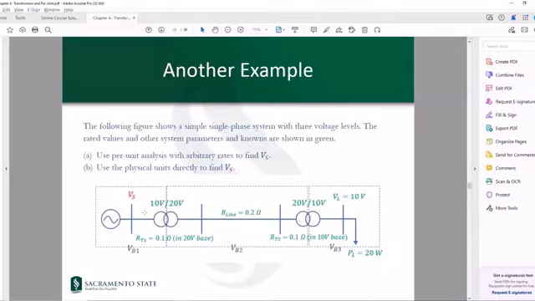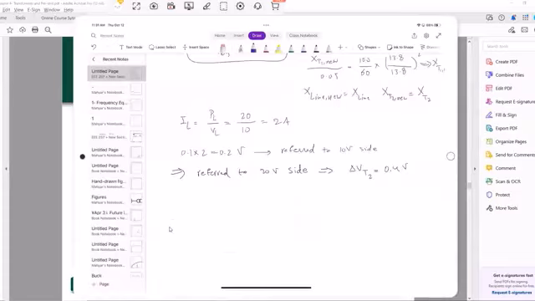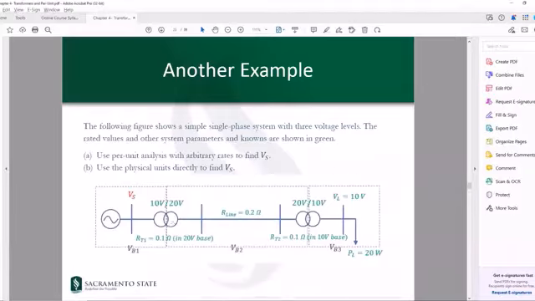Do you agree that delta V1 plus delta V2 plus delta V3, all referred to the 10 volt side, plus VL referred to the 10 volt side, should become VS?